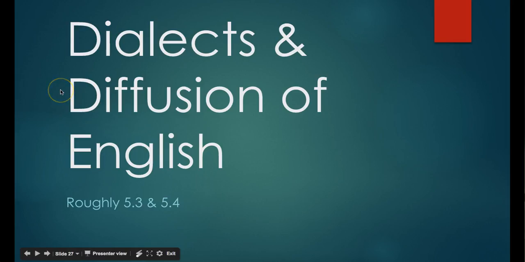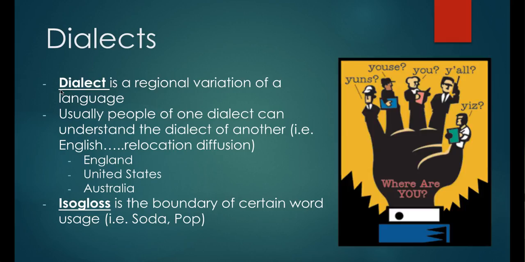So now we're going to look at the dialects and diffusion of English. Now that we have English strongly embedded into England, how does it diffuse? How do you get all these different dialects? This is roughly going to be a little bit of 5.3 and 5.4 overview here. So dialects are usually regional variations of a singular language.